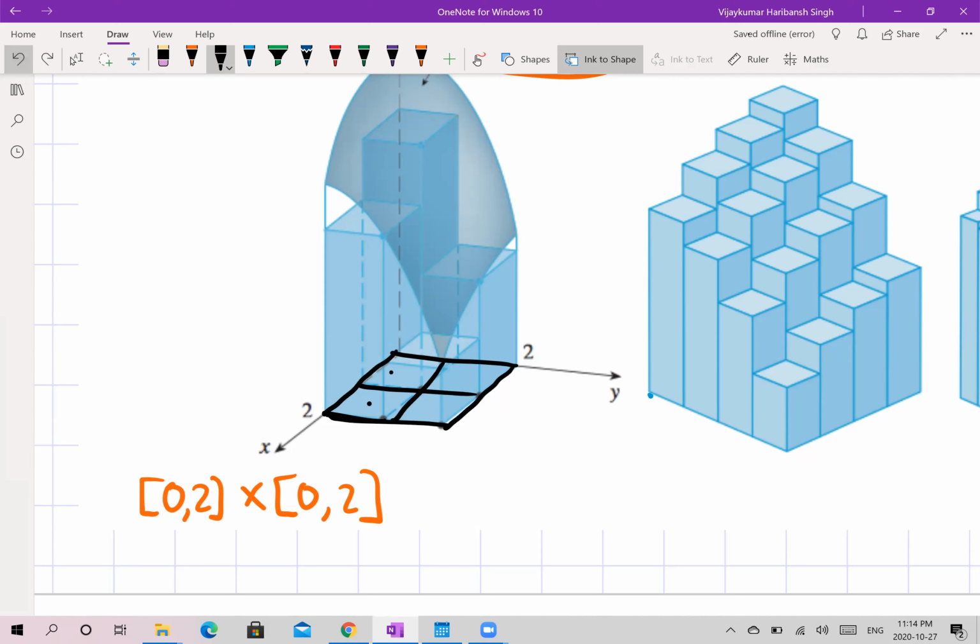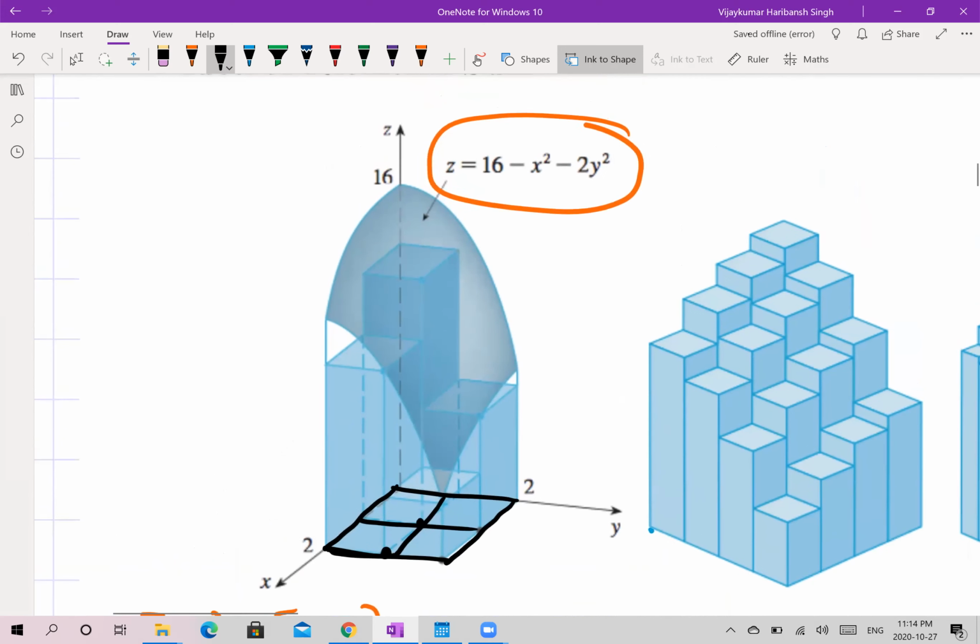But in this example, for the first rectangle here, we are choosing this point to give us the height. If we choose that to give us the height, and we choose this point to give us the height, we get the following.